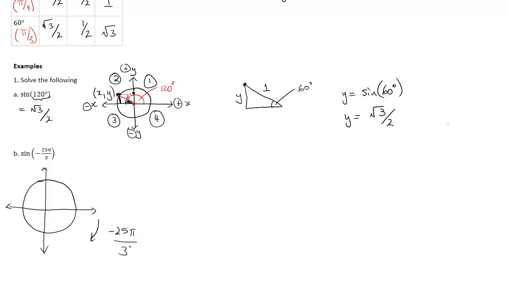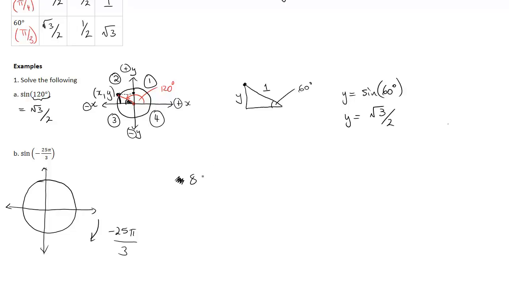Okay, so the closest number that is exactly divisible in 25 over 3 is 24. If we change this into a mixed fraction, this is minus 8, and you have pi on 3 left. We don't need the negative ones, we know what direction this is going in.